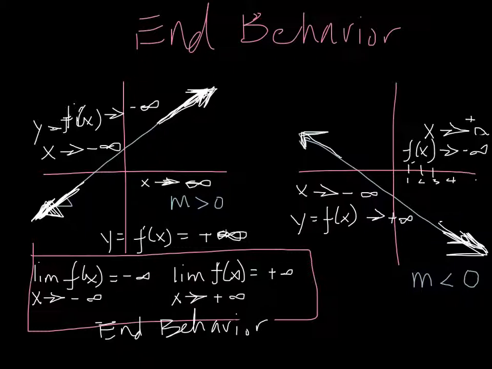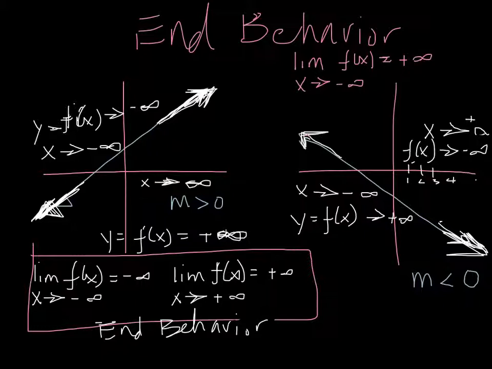Let's write the end behavior of this line if my slope is negative. I'm going to write it up here. The limit as x approaches negative infinity, f of x is going to positive infinity.